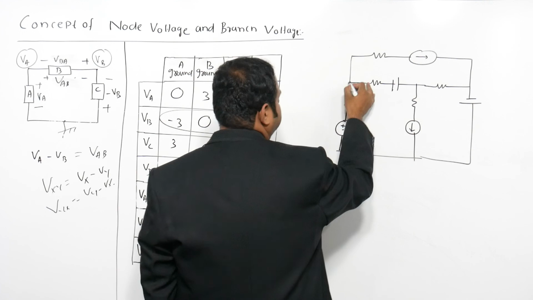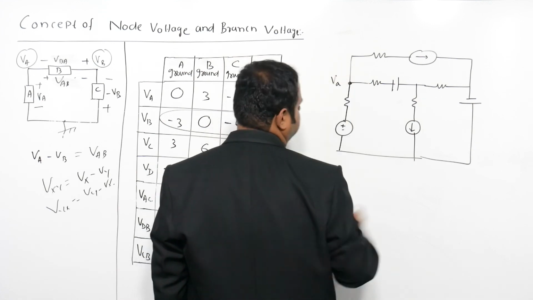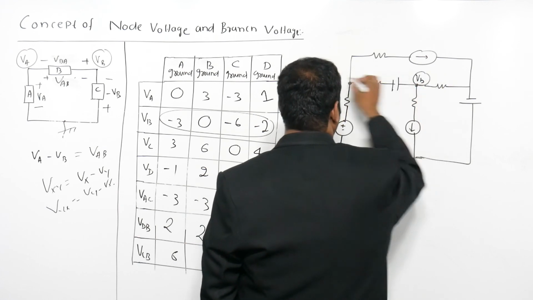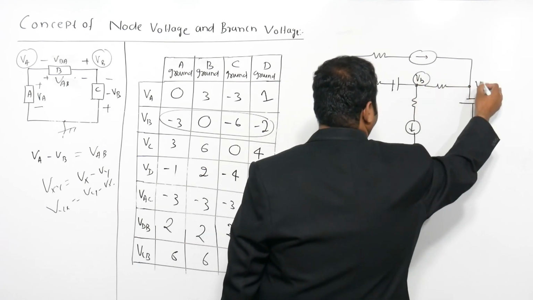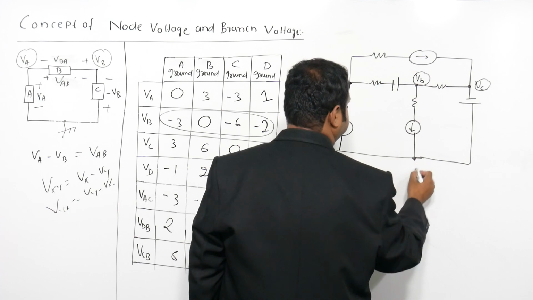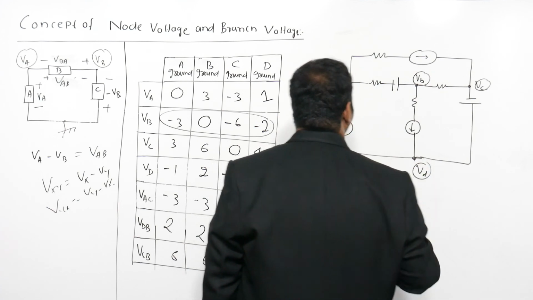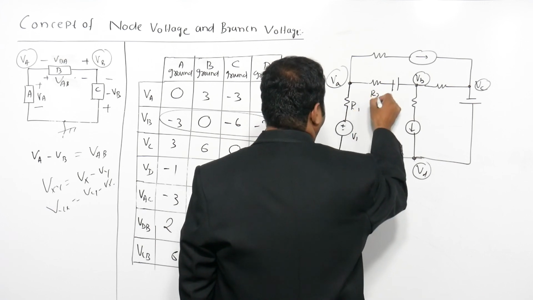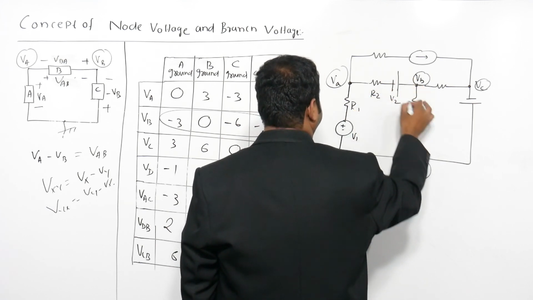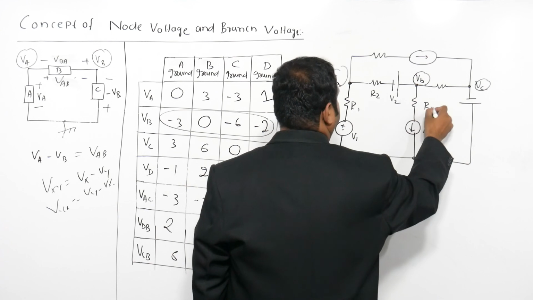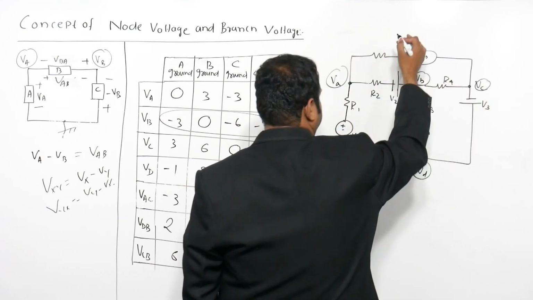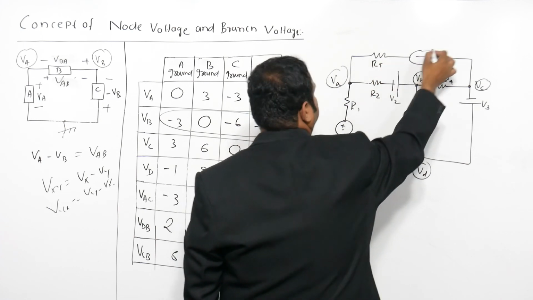So let's say this is my node voltage VA, this is my node voltage VB, this is my node voltage VC, this is my node voltage VD, and let's call these B1, R1, R2, V2, I1, R3, R4, V3, R5 and I2.